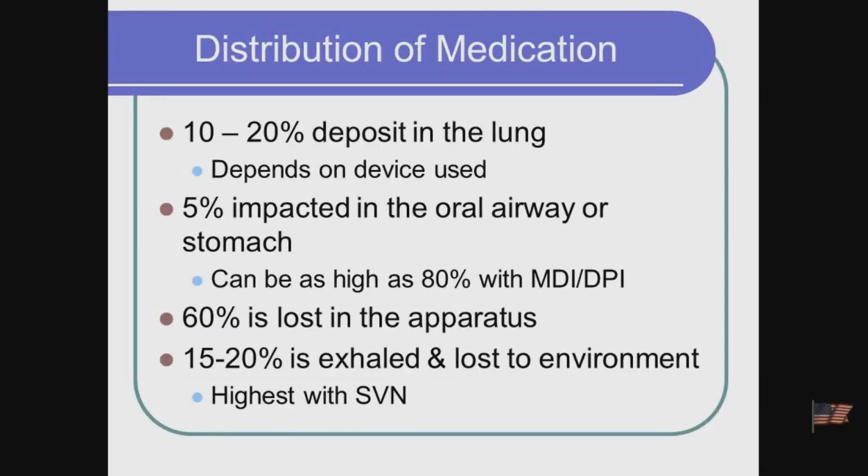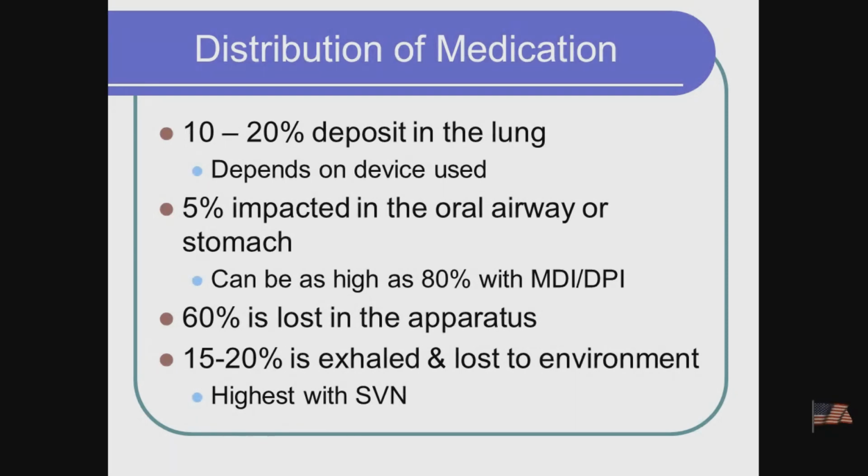In a typical aerosol delivery, only 10 to 20% of the drug is actually deposited into the lung. That's lousy. We give somebody a breathing treatment and only get 10 to 20% of the drug. But even despite that, it's still okay. Some of it goes into the oral airway and the stomach, which is one of the reasons why, especially in a crying kid, it impacts in the back of the throat. They swallow it, and then they throw up about 2 minutes after the treatment's done.